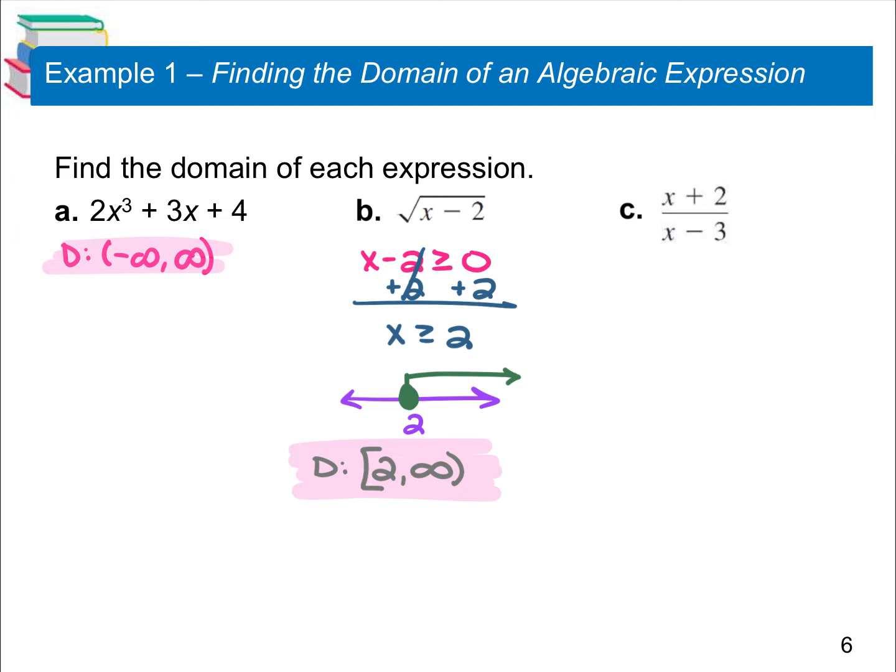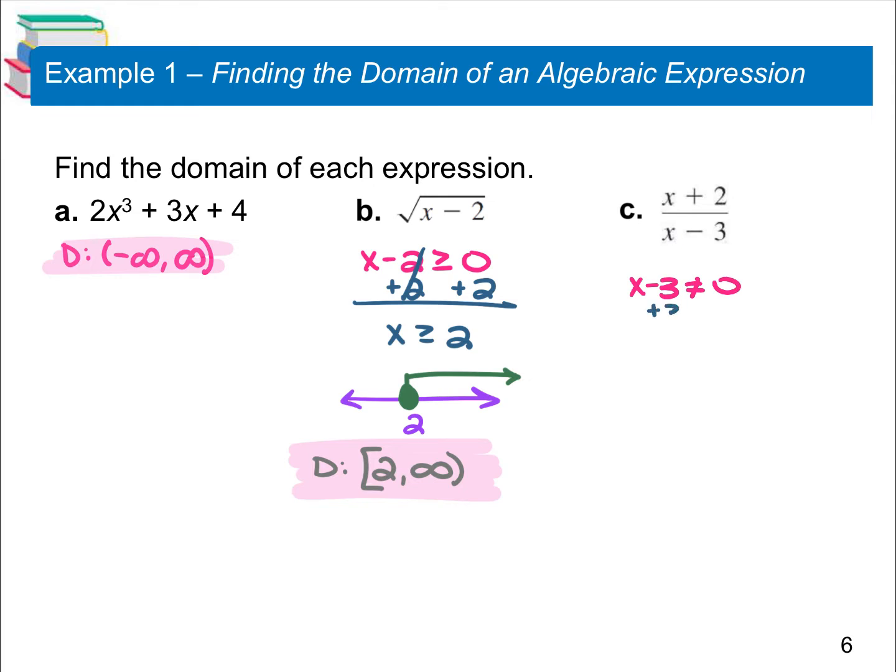So because 0 can't be in the denominator of a fraction, you're going to take the expression in the denominator, in the bottom of that fraction, and you're going to set it not equal to 0, because whatever's in the denominator can't be 0. So in this case, that x minus 3 gets set not equal to 0, and you solve it for x.